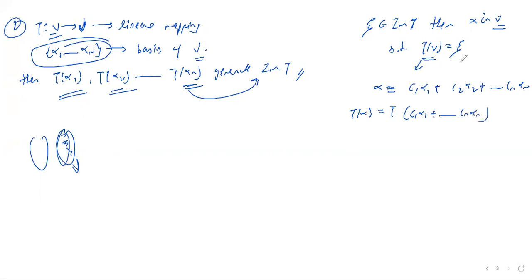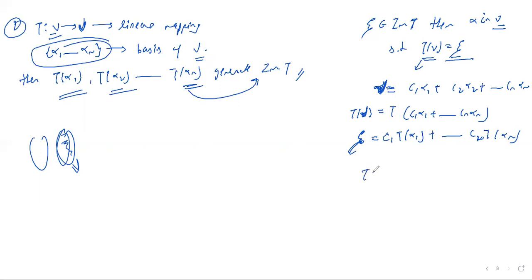And T of alpha equals E, so it maps to the vector E in U. Since T is linear, I can write it as C1 T of alpha 1 plus C2 T of alpha 2 up to Cn T of alpha n.